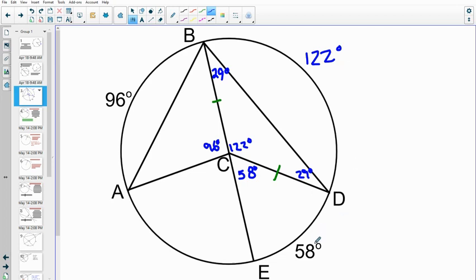Let's see, moving right along over to the other side, I've got the same relationship between the radii of this circle. BC is a radius, AC is as well. And so if this angle is 96 degrees, these two angles would have to be equal to each other. And so maybe I would do 96 subtracted from 180.